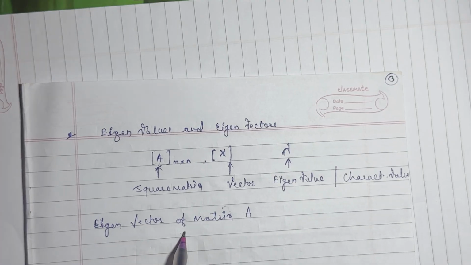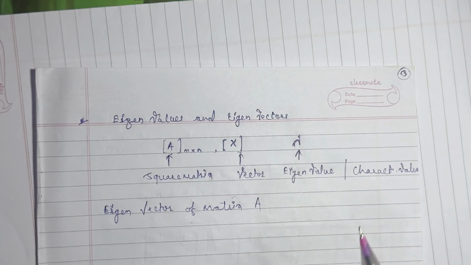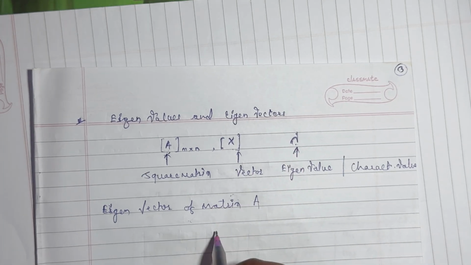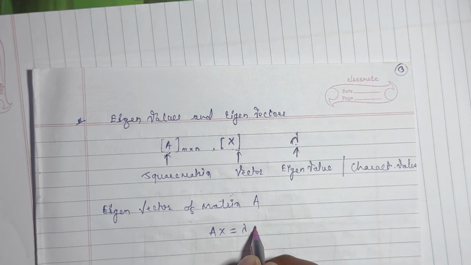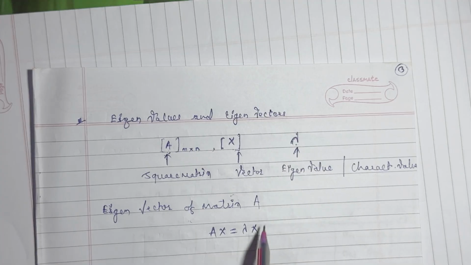We write the eigenvector of matrix A with respect to lambda, where lambda is the eigenvalue, some constant value. We write it with the vector x as Ax equal to lambda times x. This capital X is a vector, A is a square matrix, and lambda is the eigenvalue or characteristic value.